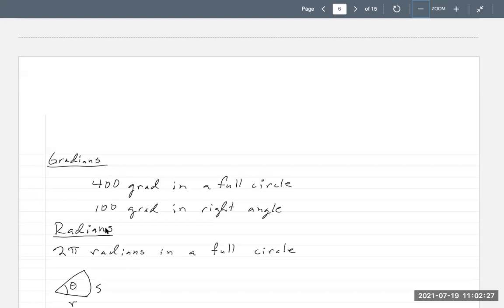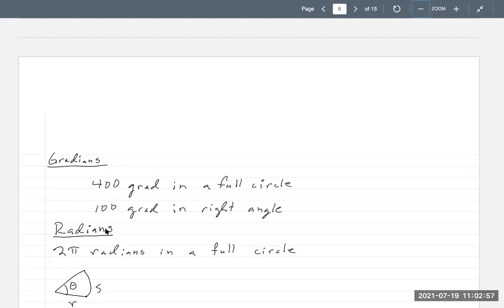Next, radians. Previously, the gradians and the degrees were just arbitrary. There was no geometrical reason why we should pick 400 gradians in a circle or 360 degrees in a circle.